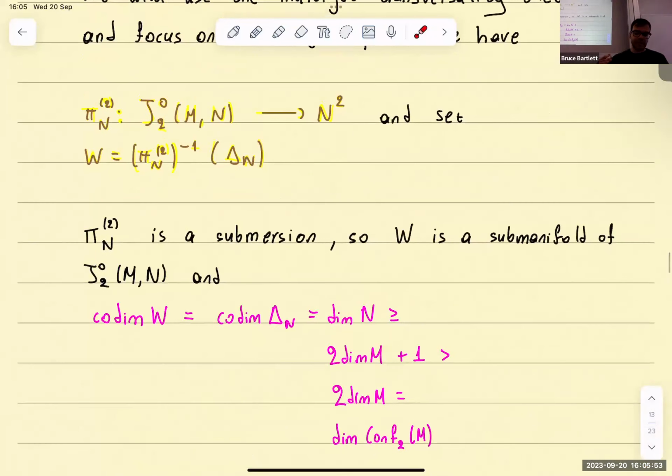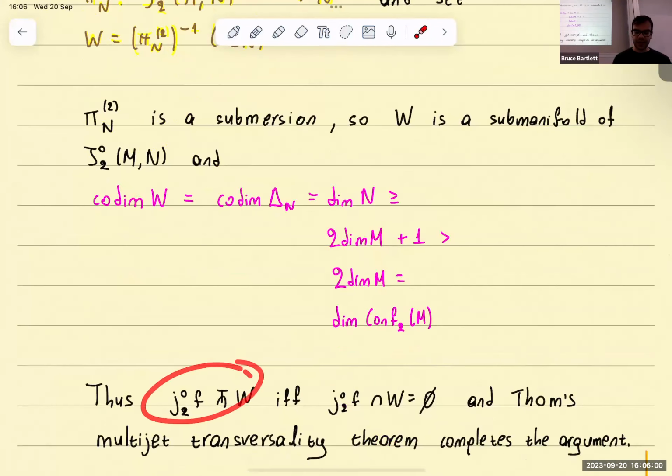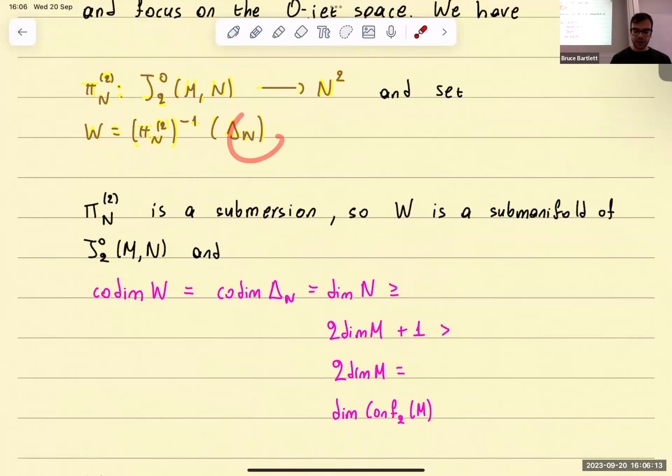And so I just basically need to argue for dimension reasons that the only way I can transversally intersect W with J0 to F is if I don't intersect W at all. It's basically the same argument that we've seen so many times. What is the codimension of W? That must be the same as the codimension of the diagonal in N, which is exactly equal to the dimension of N. The diagonal of N lives in N squared and itself has dimension N, so 2N.